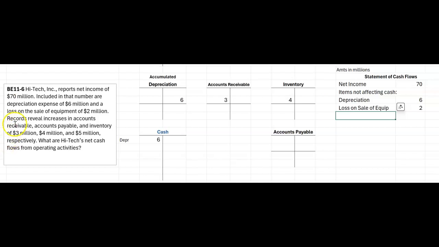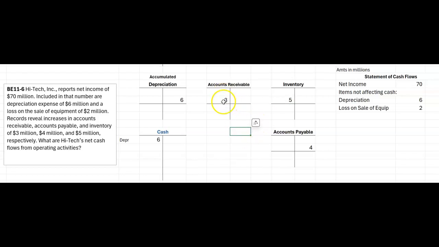Then they say records reveal increases in accounts receivable, accounts payable, and inventory. These are increases. Accounts receivable went up by 3. Accounts payable went up by 4, that would be a credit. And inventory increased by 5.